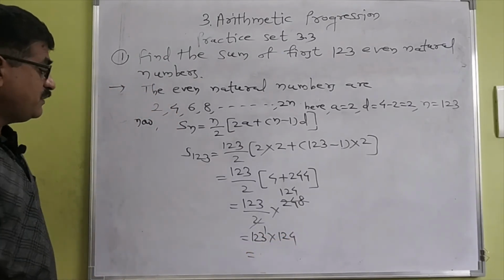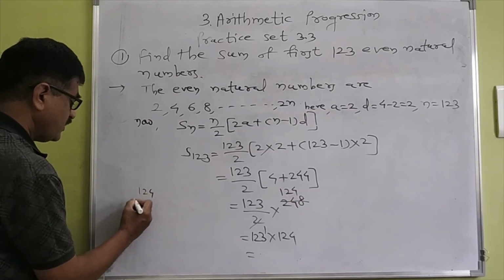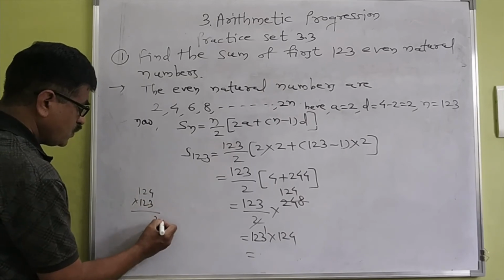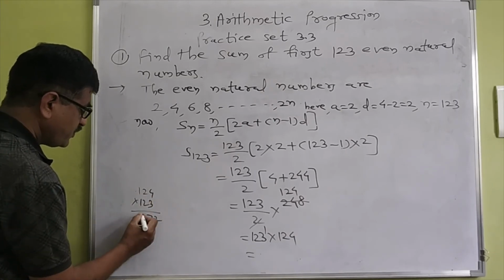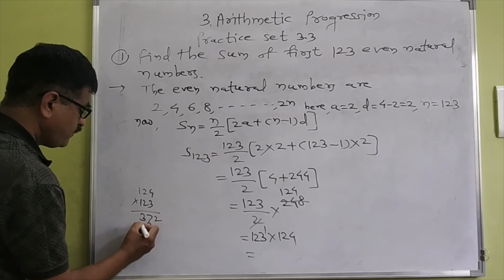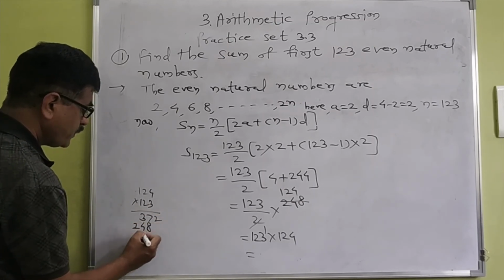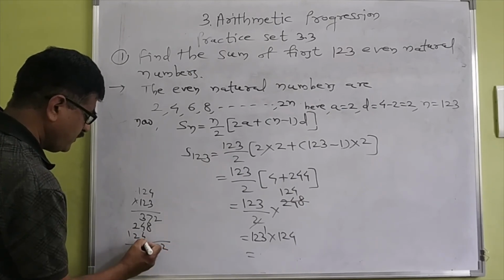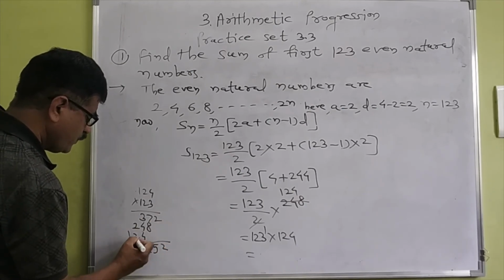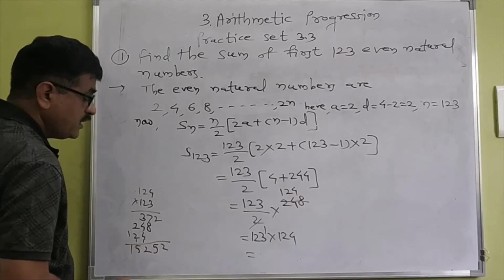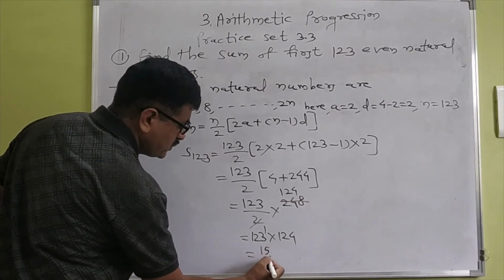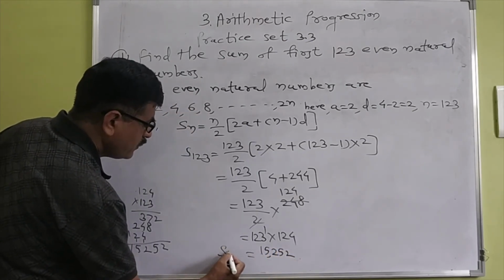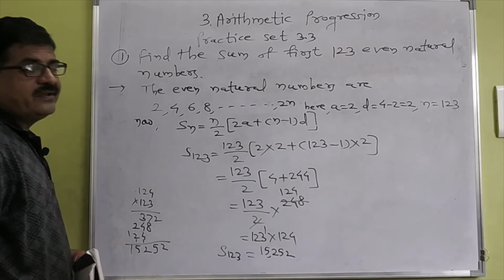Now take its multiplication: 124 into 123 is equal to 15,252. This is the value of S123.